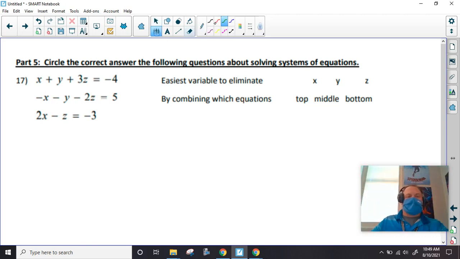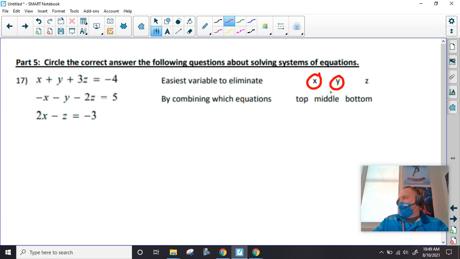Now, this is all you have to do. What is the easiest variable to eliminate? This one actually has 2 answers. You could either eliminate the X or you could eliminate the Y. That's the goal. By combining which equations?